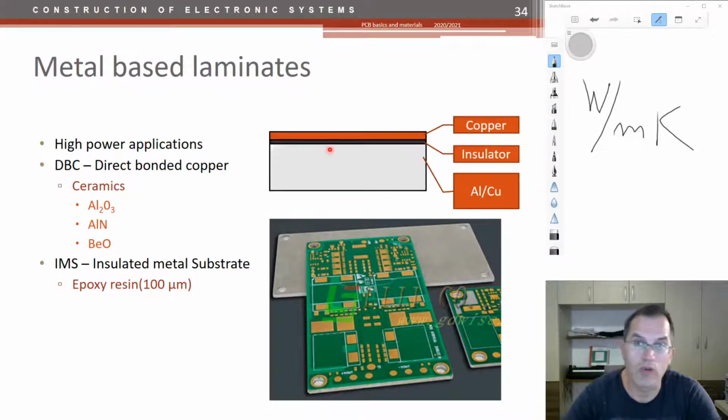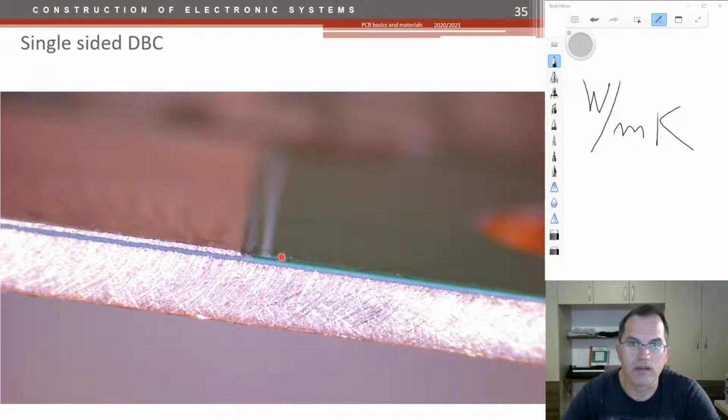You can also have a square millimeter and 1 millimeter thickness. That would also be the same. So this is how the direct bonded copper looks like. Copper laminate, thin ceramic insulator, and top layer for connections.